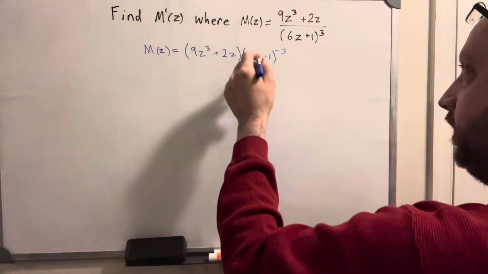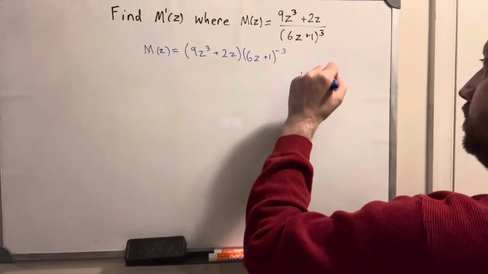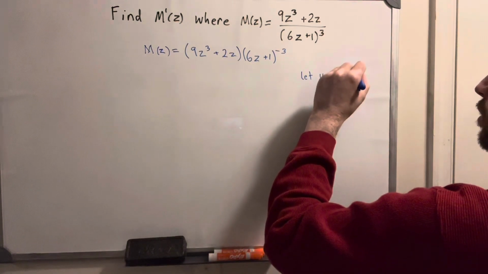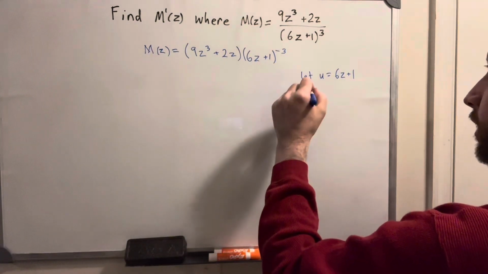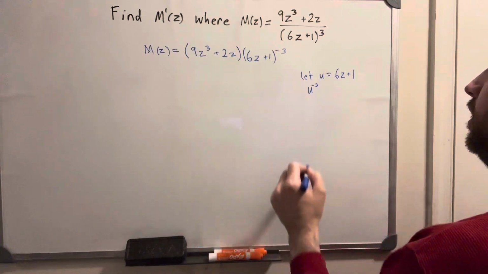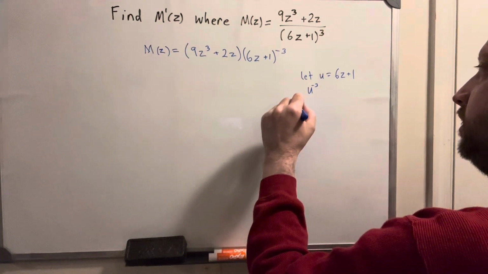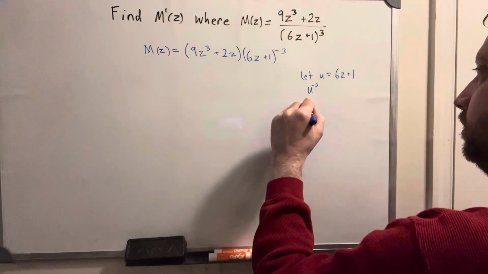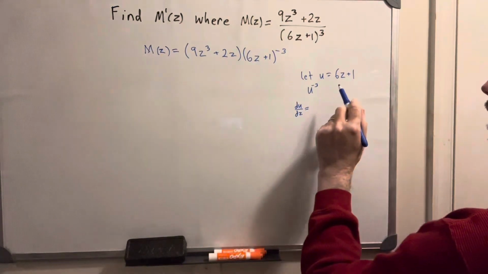We can let u equal 6z plus 1. Then this part would be u to the negative third, right? Then du dz would be, oh, we're not there yet.